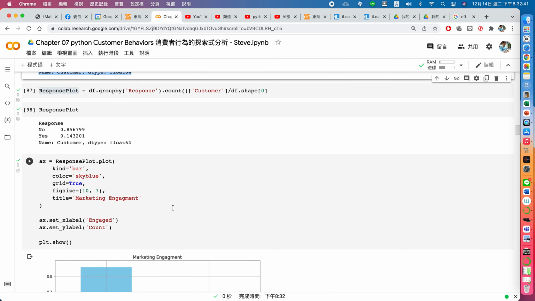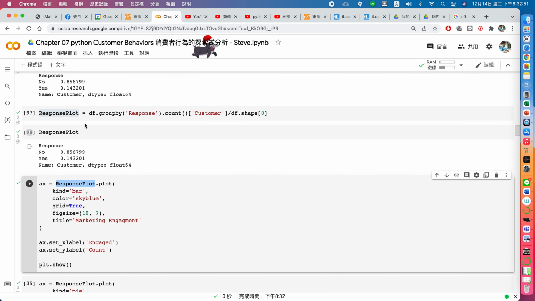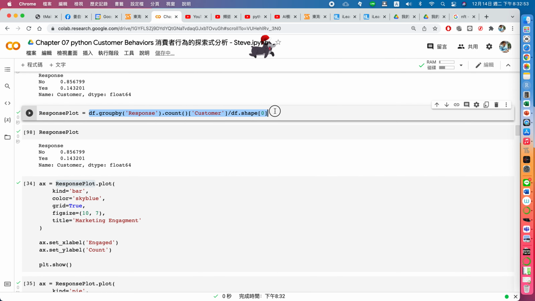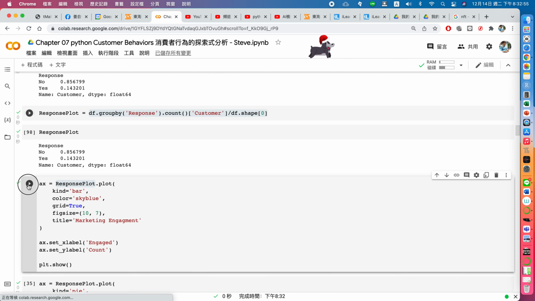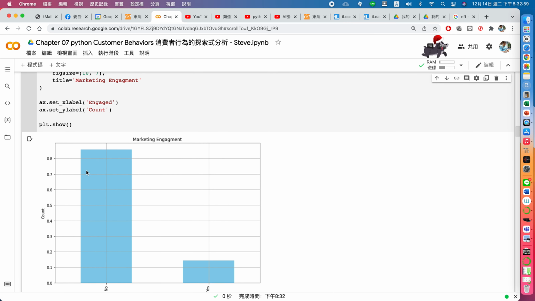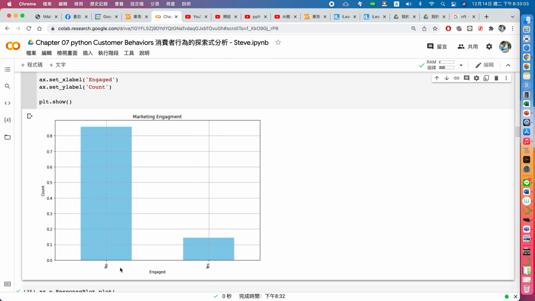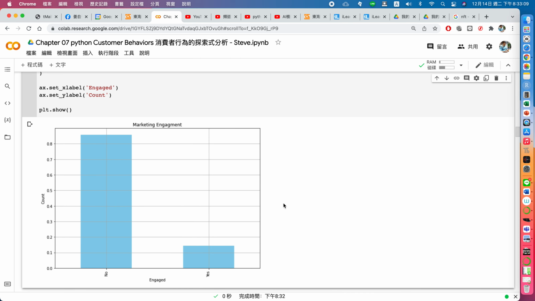Okay, it's time for us to draw the percentage for the marketing code. It's the same. We use these variables. This variable is the same as this command. Here shows the percentage for engaged no and engaged yes, so it's 100% for these two types.